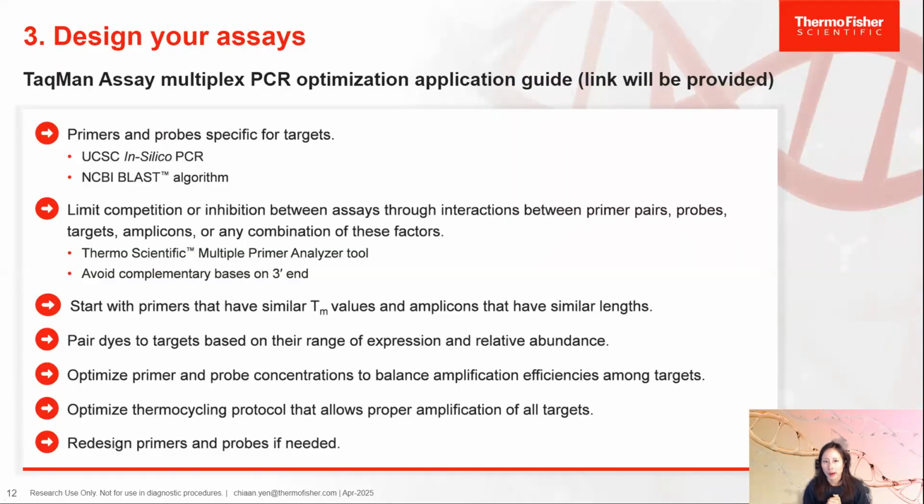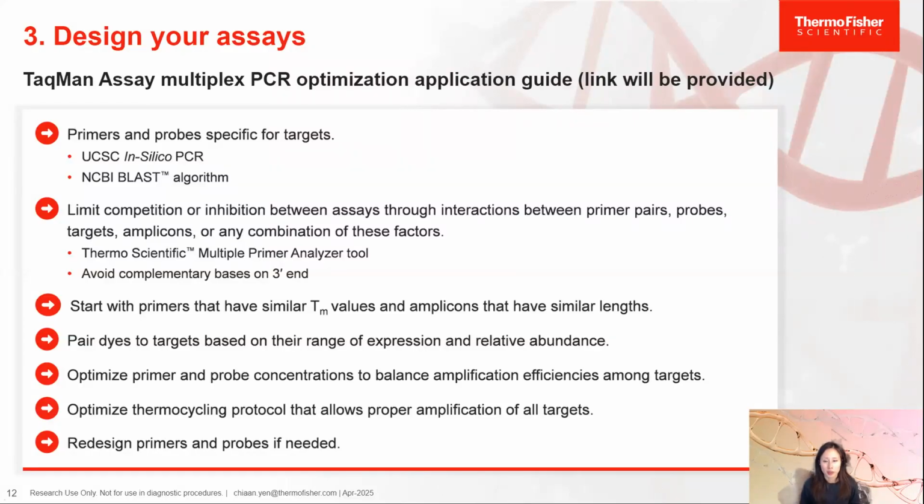I would say the most important thing is definitely to check the specificity for the primer and probes that you're designing. You might already know this, but I want to put it out there that you can use the UCSC in silico PCR to check that. A lot of us use the NCBI BLAST to make sure that the sequences you're using are not picking up off targets or pseudogenes.